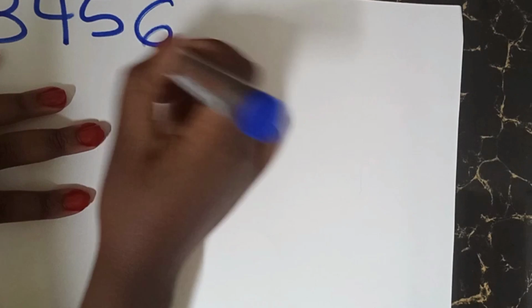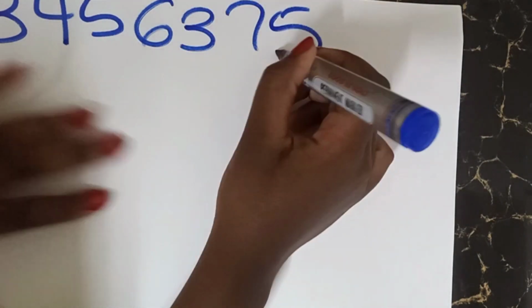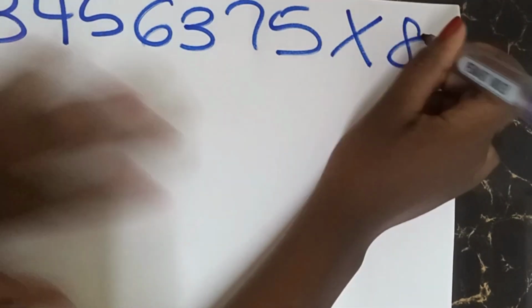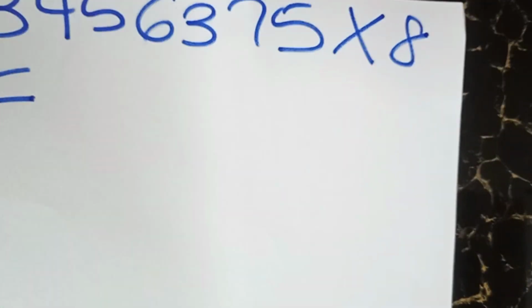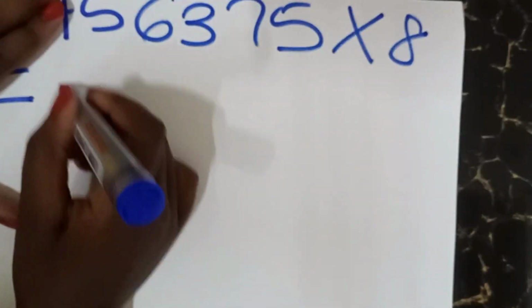So we have this number multiplied by 8. When you multiply it by 8, you're supposed to get this number here.